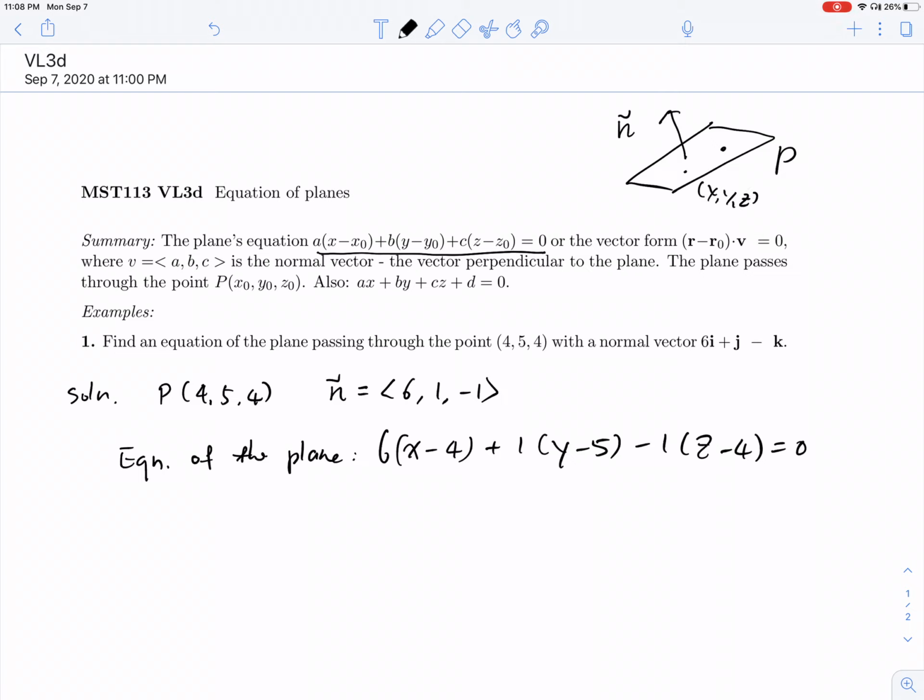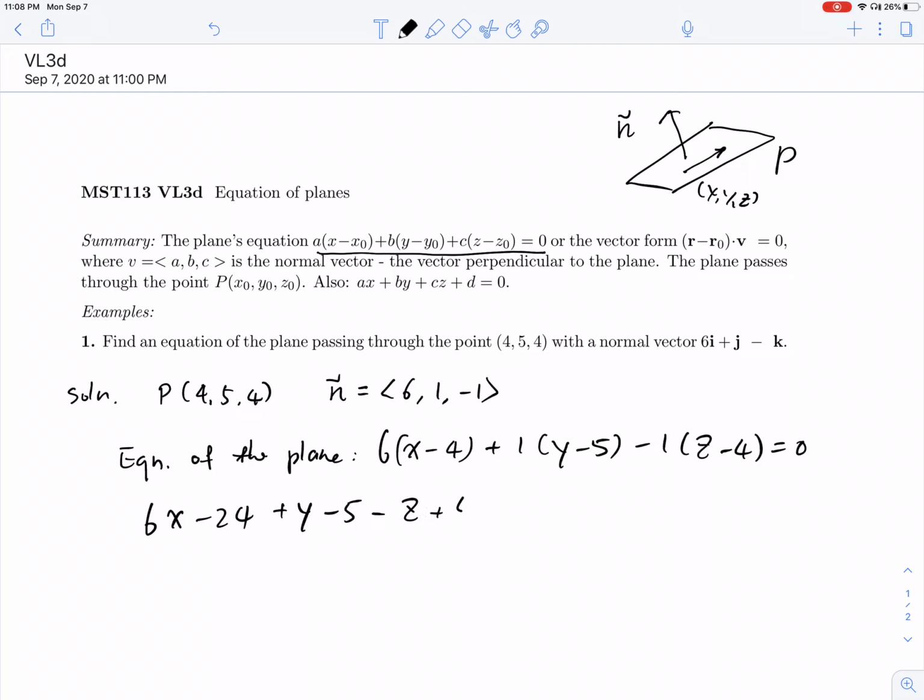So this is 6x - 24 + y - 5 - z + 4 = 0. Then you have 6x + y - z, and -24 - 5 + 4 is -25, so it's -25 = 0.